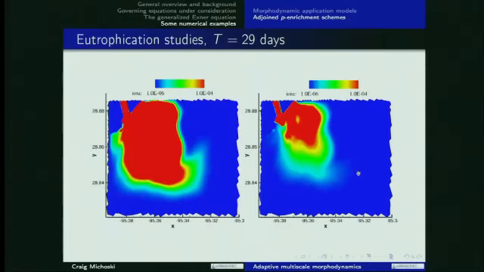Okay, so here's the example of the eutrophication. Here's after 29 days what happens if you don't do anything. Here are the phosphate levels. Here are the phosphate levels if you just emit the gypsum at the right here at the mouth.